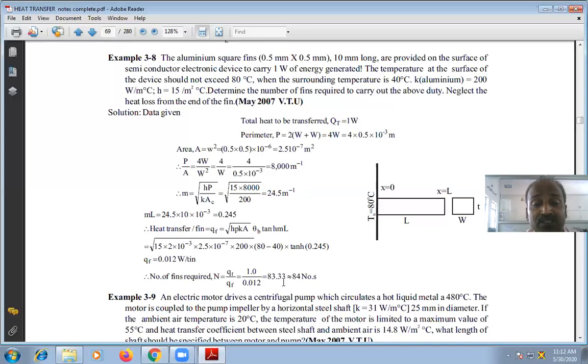Therefore 83.33 is approximately 84 fins we have to provide to maintain the electronic device and keep the heat from shooting up. The device could burst into pieces at that temperature. It should not exceed 80 degrees, and it should also dissipate the heat of 1 watt. So 84 fins should be given. Then only the electronic device will be very safe.